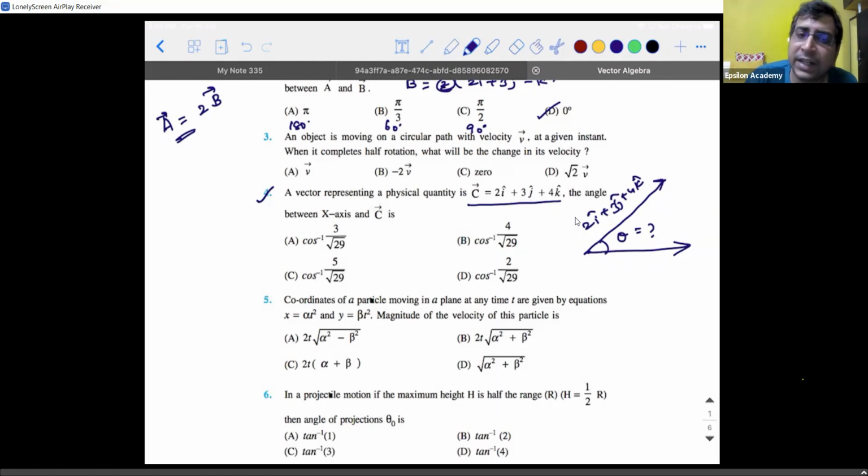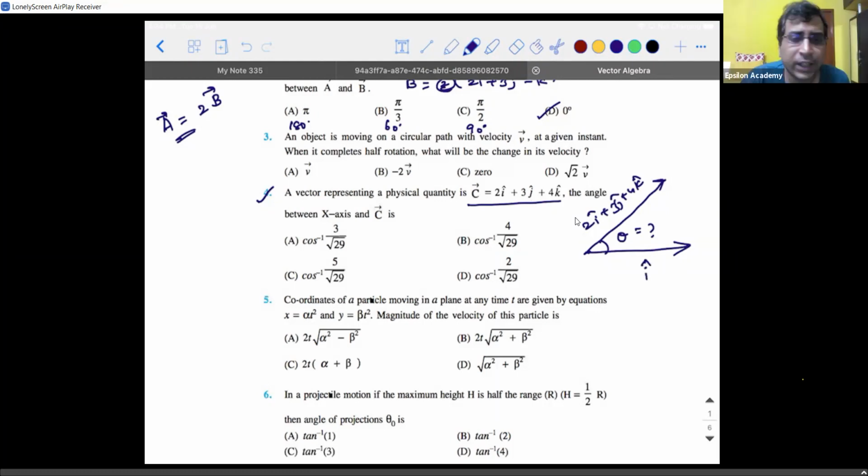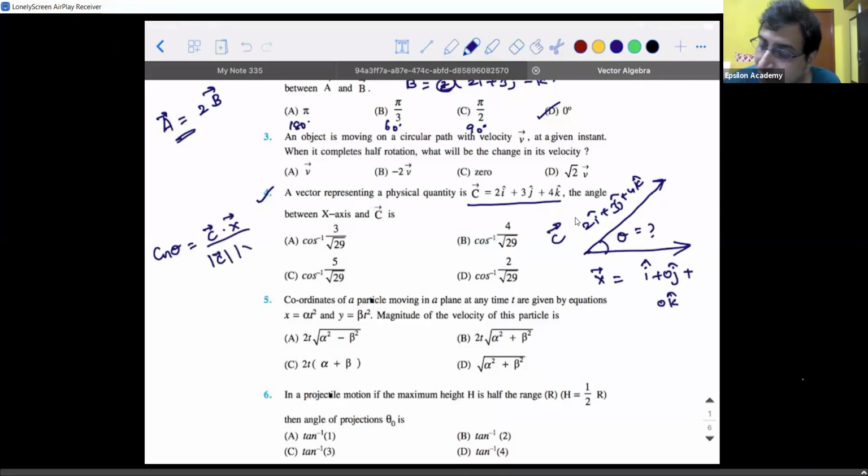Vector equation for x-axis. X-axis represents just an i cap. Can I write it as i cap plus 0j cap plus 0k cap? Correct. This is C vector. This is x vector. So what is cos theta, guys? Is it not C vector dot x vector divided by magnitude of C vector into magnitude of x vector?